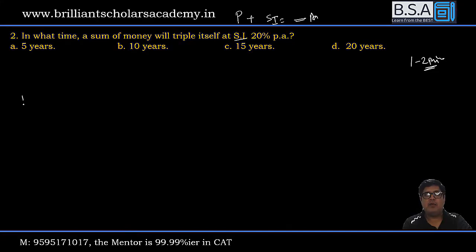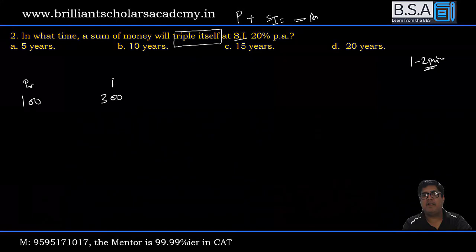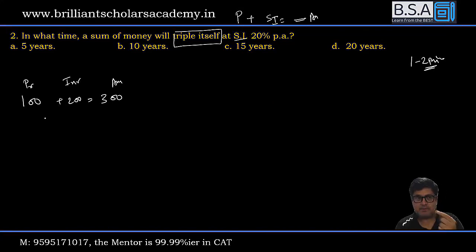Let us say you keep 100 rupees principal in the bank and you want the money to become triple of itself. How much is the interest earned? Interest earned is 200. Understand?